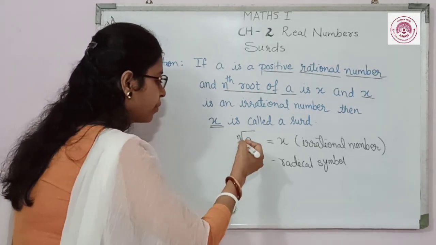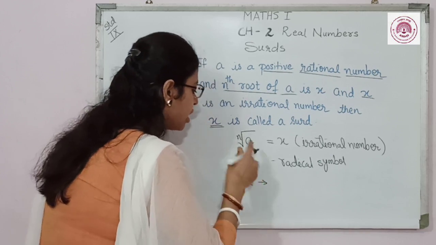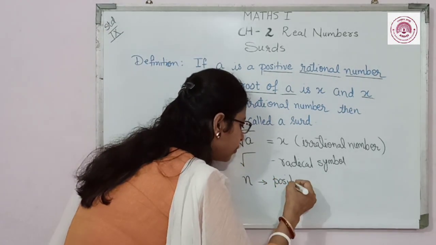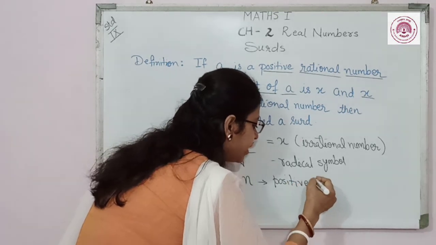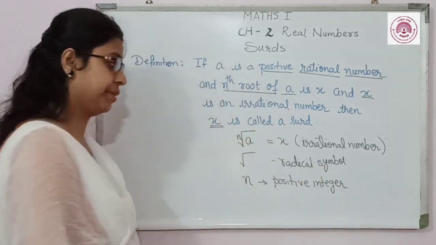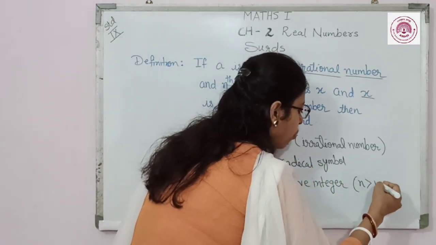Now here, n. How should this n be? This n should be a positive integer, and this n should be greater than 1.